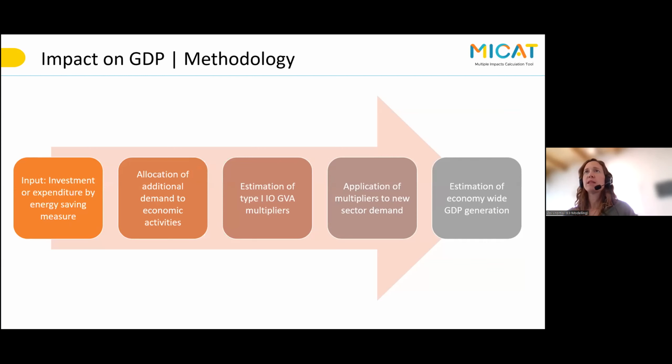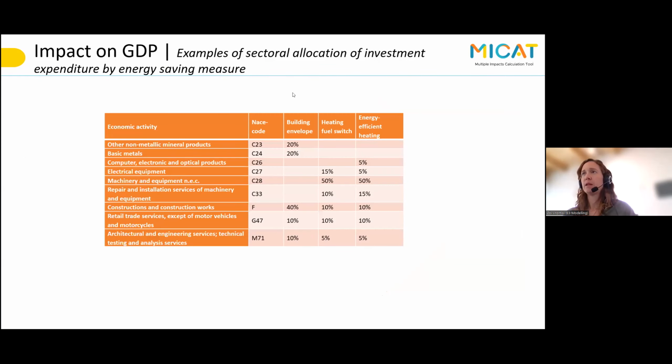Now, crucial to our analysis is how we allocate the specific energy efficiency measure, for example, expenditure on the building envelope or on heating fuel switch. How do we allocate these to demand for economic sectors? So this is done mainly through expert judgment, but also through the literature.